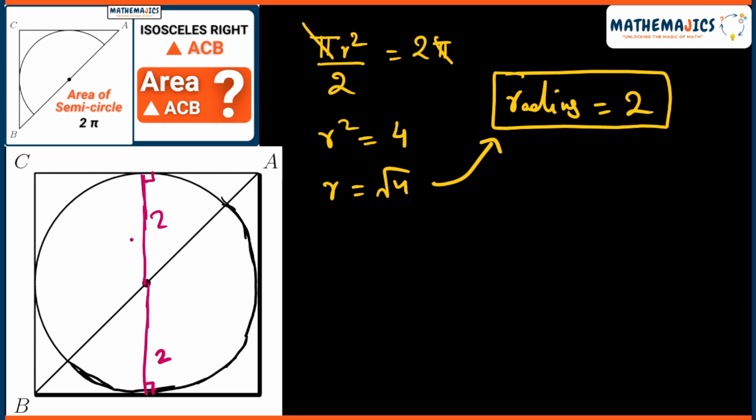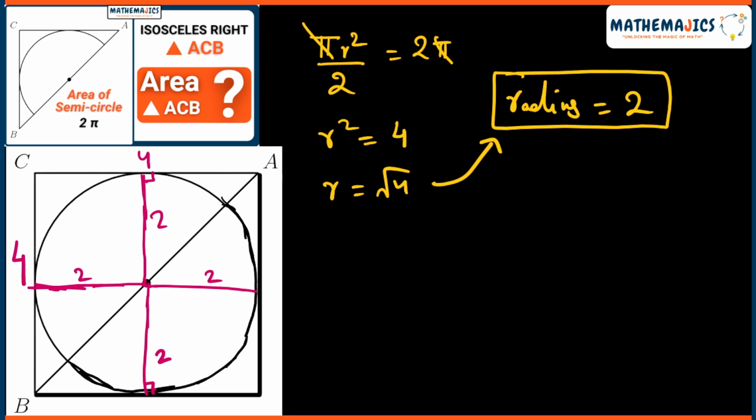That means this will be exactly parallel to the side of the square that we have drawn. That means the side of the square is 4. Similarly, if you look at this diameter, this is also 2 and 2, 4. That means this side is also 4, right? So side of the square is 4 units.